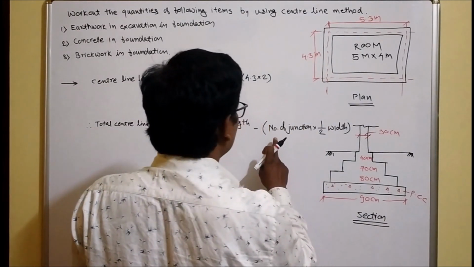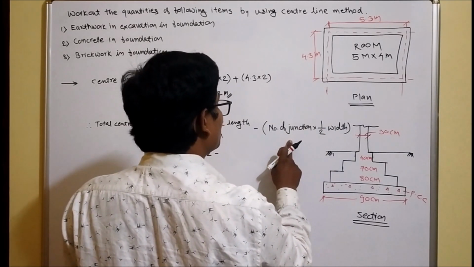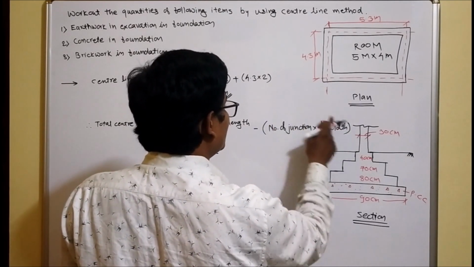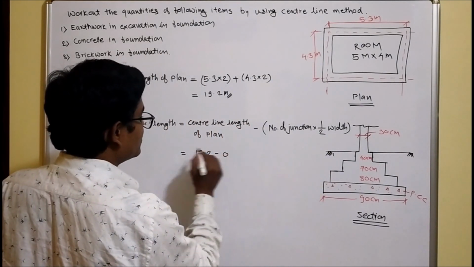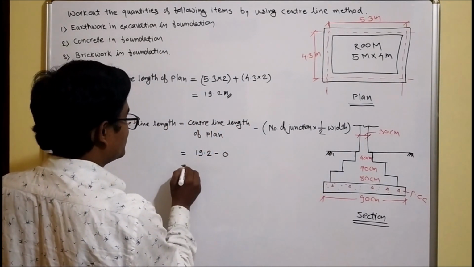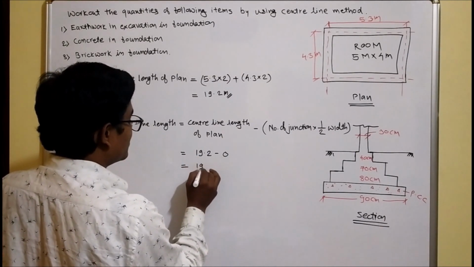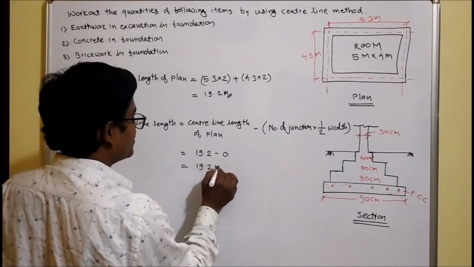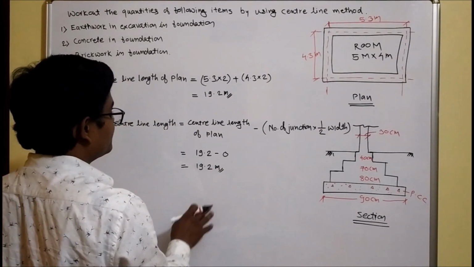So therefore the number of junction in this case is 0. So this term will be 0. Therefore 19.2 minus 0 is 19.2 meter. So this is the total center line length.